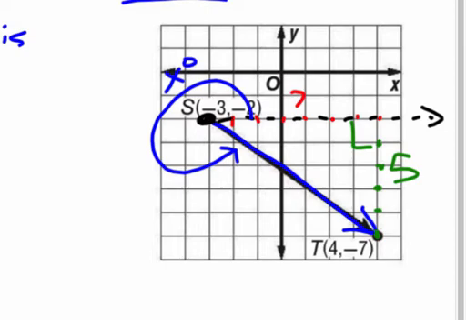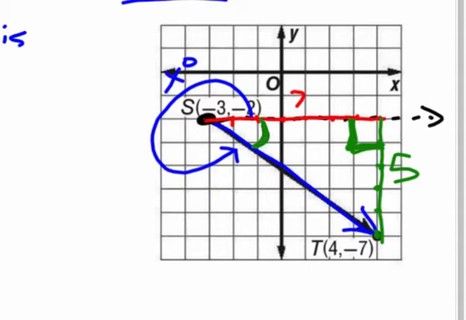There's a couple ways I can do this. Well, if I take a look, didn't I just make a right triangle when I counted off how far my x's and y's were apart? Right here, I went over like that, and then I went down 5, and I made a right triangle. Well, I know how to find angle measures of right triangles, right? Because I have my SOHCAHTOA.